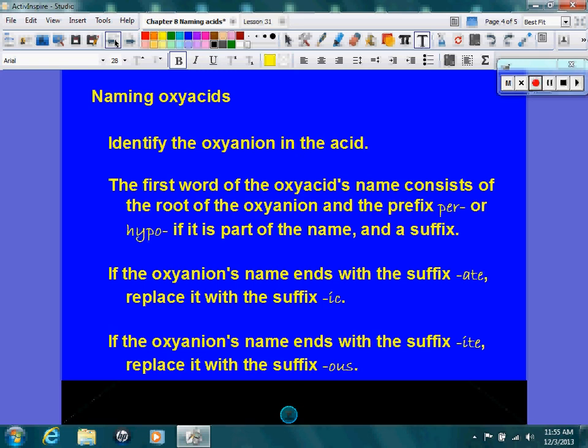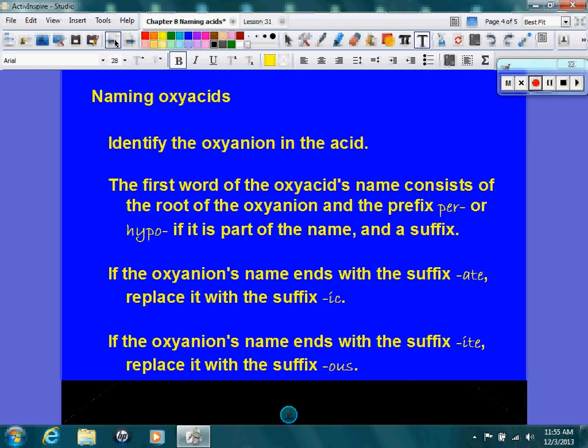The first word of the oxyacid's name consists of the root of the oxyanion and the prefix per or hypo if it's part of the name. So what is ClO4? Perchlorate, and a suffix. If the oxyanion name ends with the suffix ate, replace it with the suffix ic.